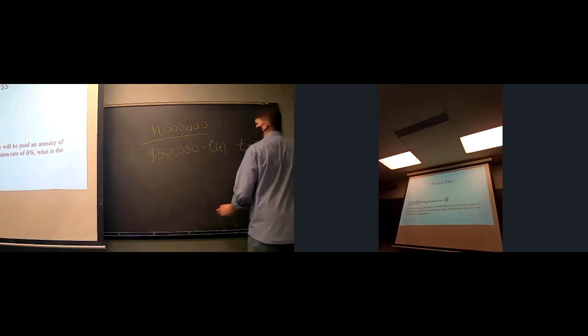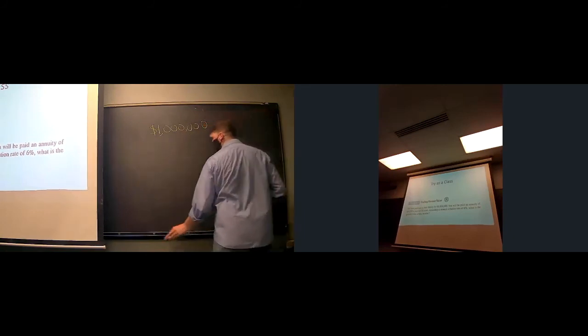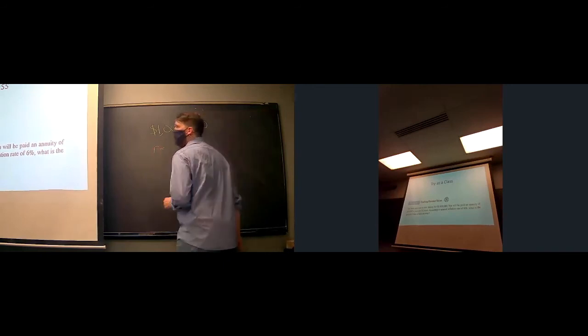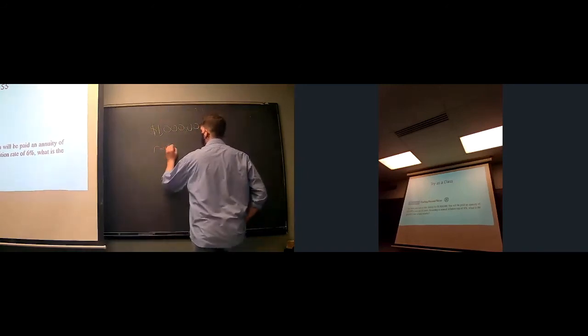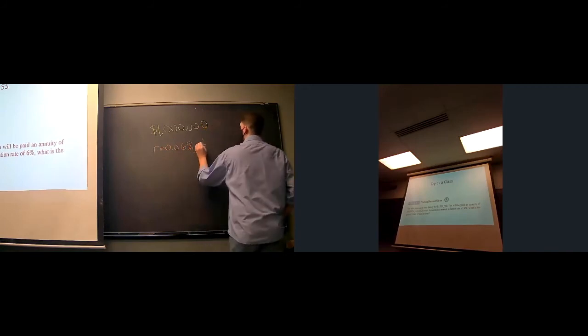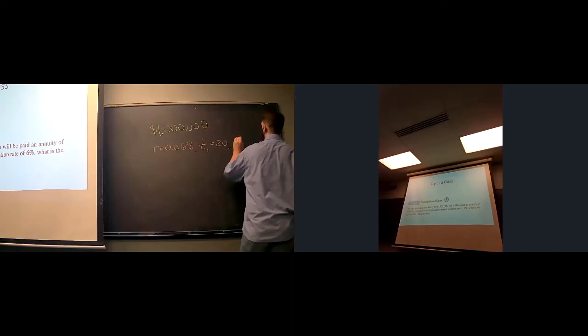That's what's happening here. What this is going to look like is r, since it's 6%, it's going to be 0.06. T1 is going to stay the same. CT is going to stay the same.